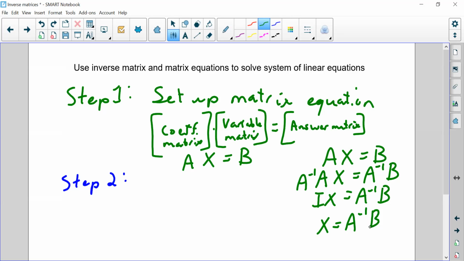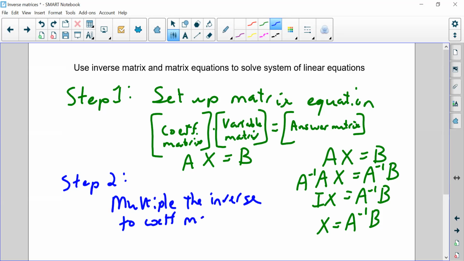So step 2 would be to multiply the inverse of the coefficient matrix and the answer matrix together.